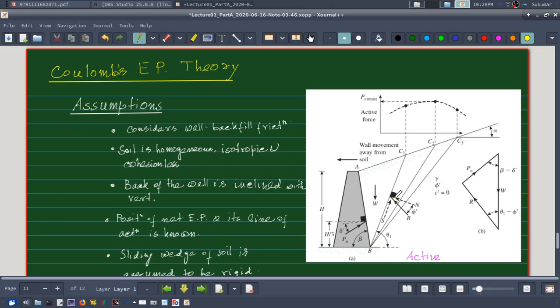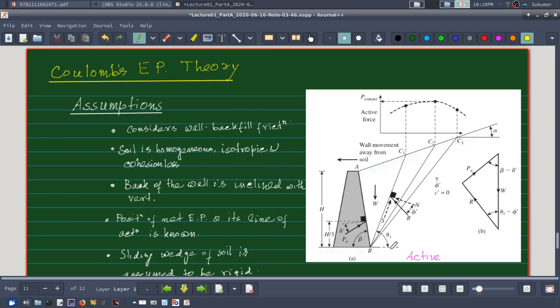The normal force and the frictional force, or soil to soil friction or shear force on the failure plane. So that force and the direction of the weight, I am sorry, vertical, that angle will be theta minus phi.